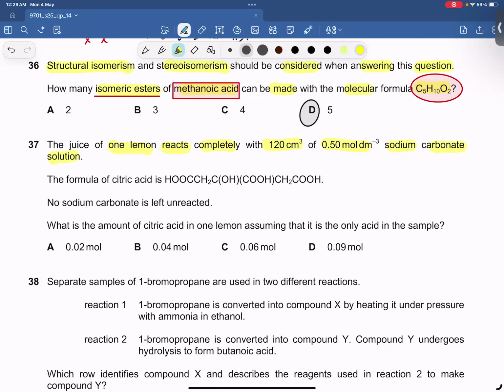Okay, so let's find out the moles of sodium carbonate. 120 into 0.5 divided by 1000. So it's going to be 0.06 moles.